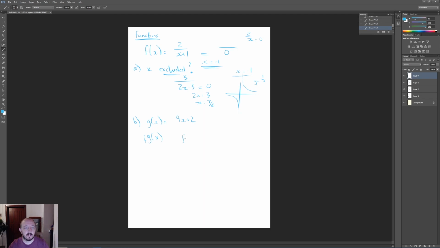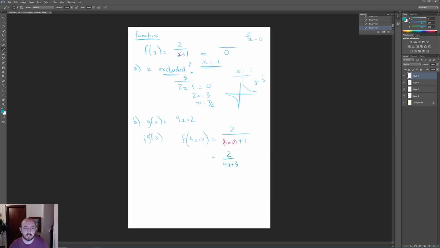So we do f of g of x, which is 2 over something plus 1, and we just replace the x here with the 4x plus 2. So there's the x from the f of x, and we're replacing that with the 4x plus 2. And we simplify that to get 2 over 4x plus 3.